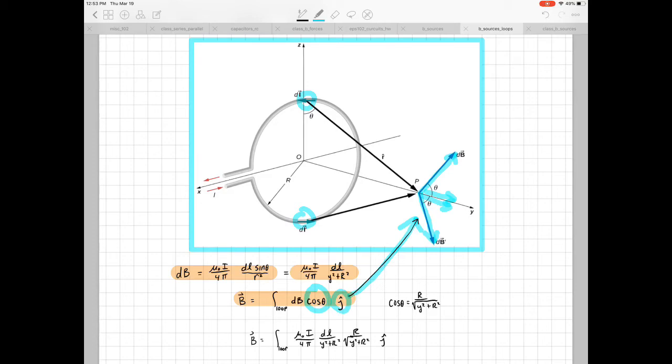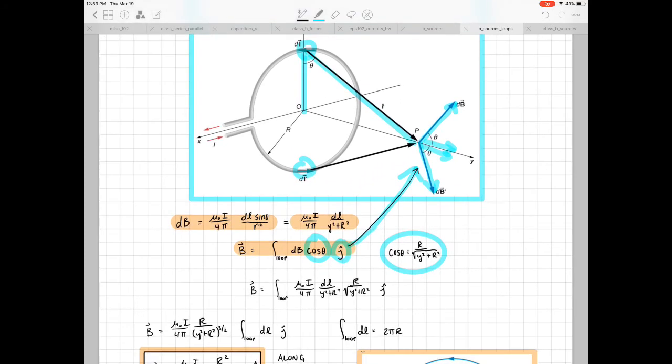Now, if you look at the picture, the cosine of theta is equal to R divided by little r, which is the square root of y squared plus R squared.